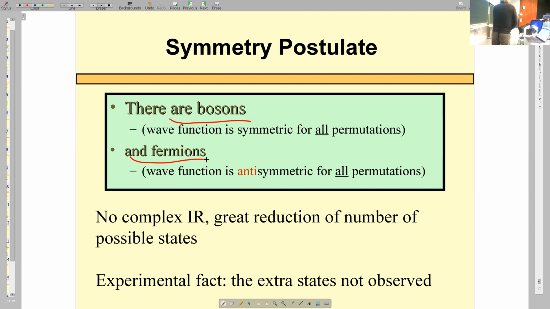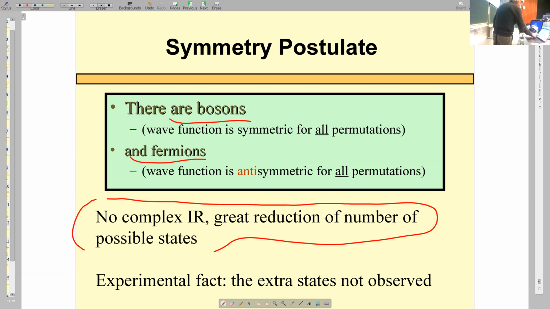And in this case, the wave function is antisymmetric with respect to each permutation of each pair of particles. And as I promised, these are all the possibilities which occur in nature. There are no complex irreducible representations, which means the following.